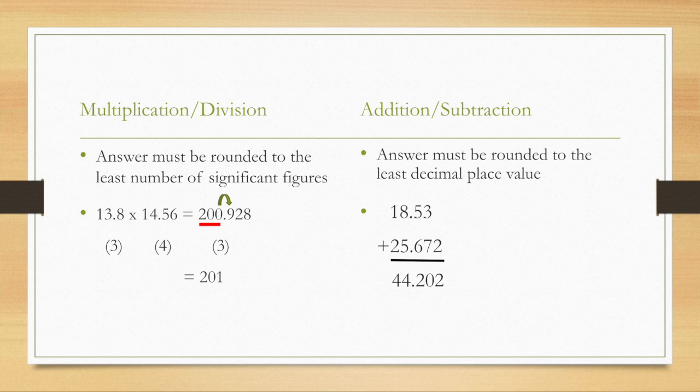Between those two, the least one is 18.53. So our answer should only have 2 digits after the decimal point, which would be up to 44.20. Then we look directly right of the last significant figure, which is a 2. Because it's a 2, we can just keep it the same and round down. So it would be 44.20.